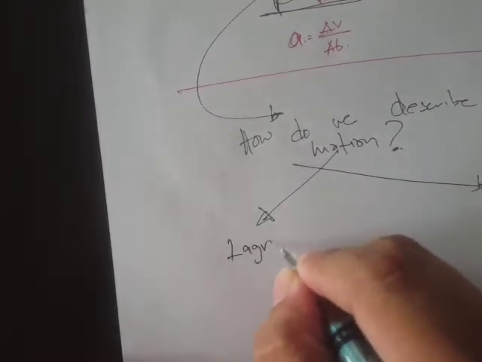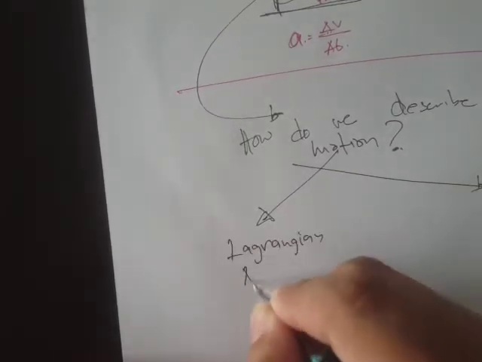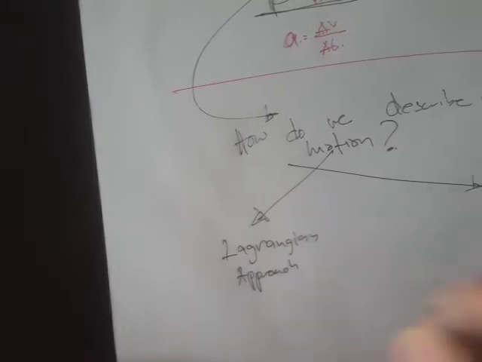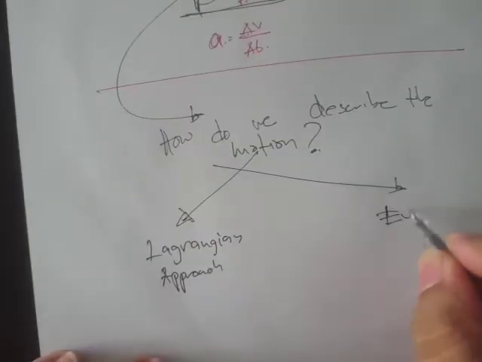One is called the Lagrangian approach, and the other one is called the Eulerian approach.